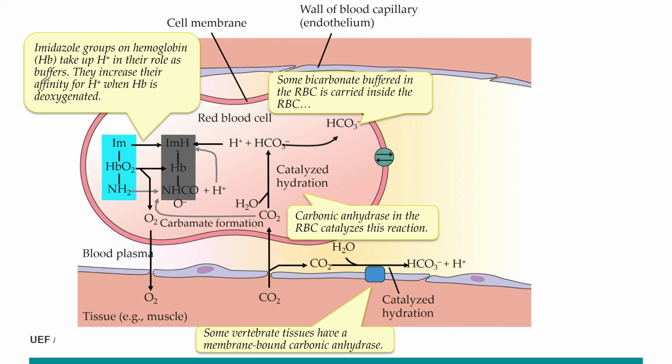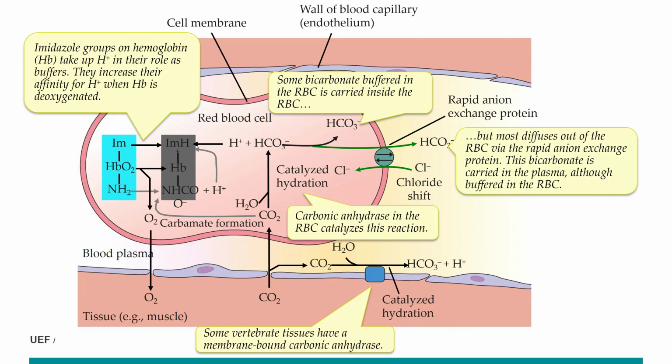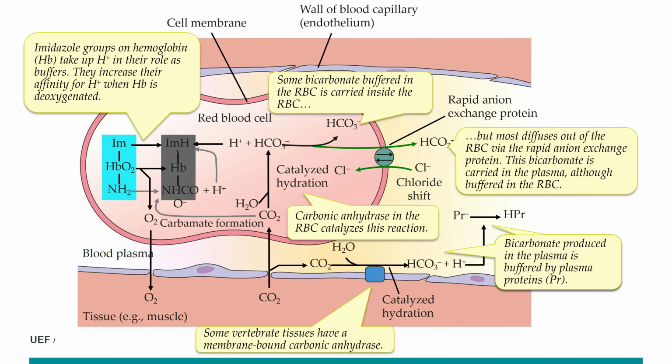And then this bicarbonate is carried inside the red blood cell, and it's also diffused out with a chloride antiporter or ion exchanger, and then it's carried in the plasma. And this bicarbonate is produced in the plasma, and because it's affecting the pH, we have other plasma proteins that are buffering these pH changes.